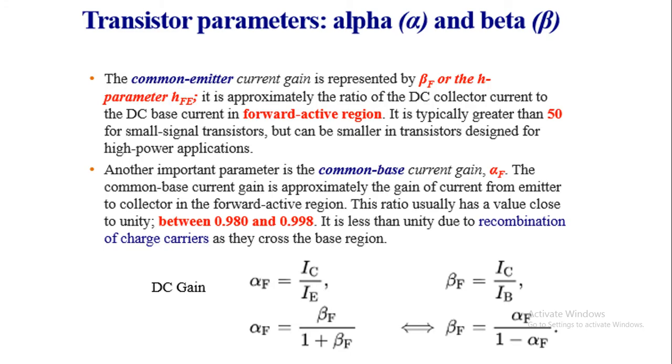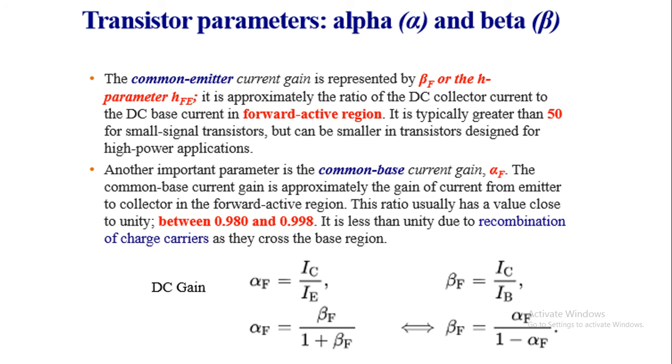Here the common emitter current gain is represented by beta F or the parameter hFE. It's approximately the ratio of the DC collector current to the DC base current in the forward active region.